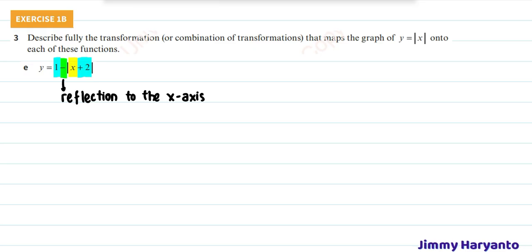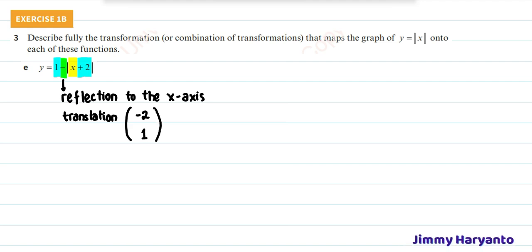And then just like the previous questions, the 2 and 1 mean translation. The 2 is for the x-axis, but you have to change the sign, so it will become -2. The 1 is for the y-axis, still the same, like this. So there are 2 transformations in this question.